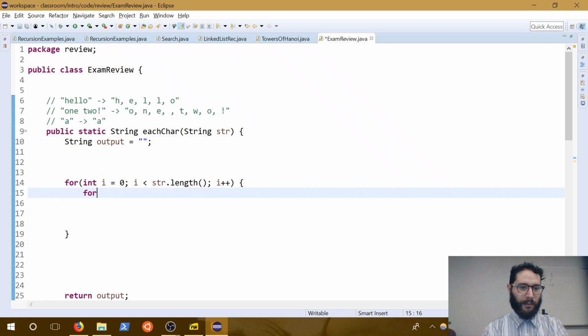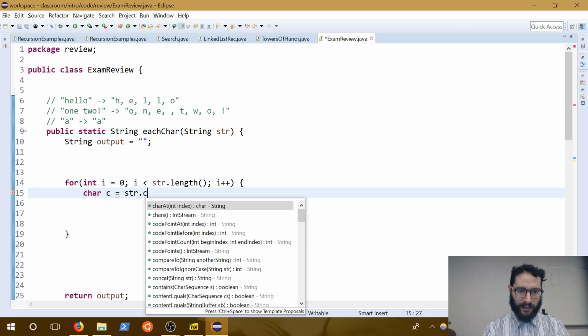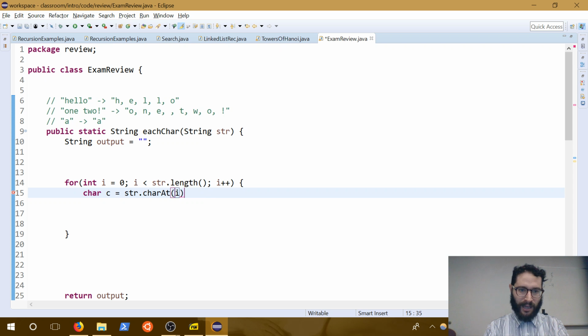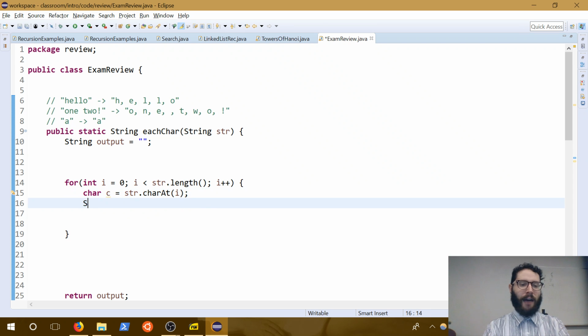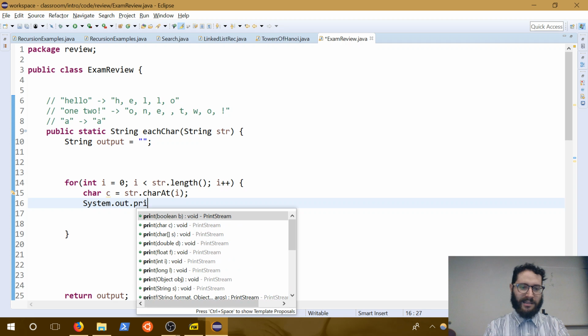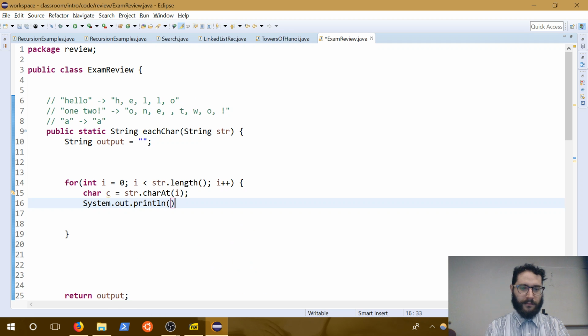What I had to do to get each character was char c equal to str.charAt(i). So we get the ith character. If I was just printing it out and not returning a string, it would be System.out.println(c plus a comma and a space right after there). That makes sense?